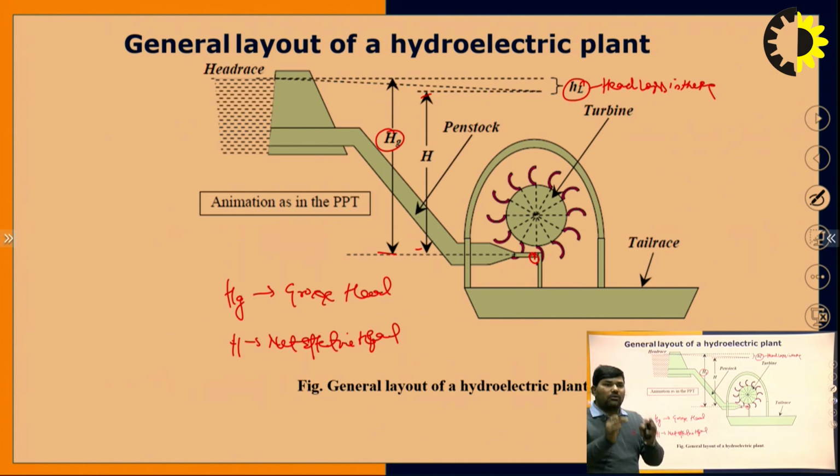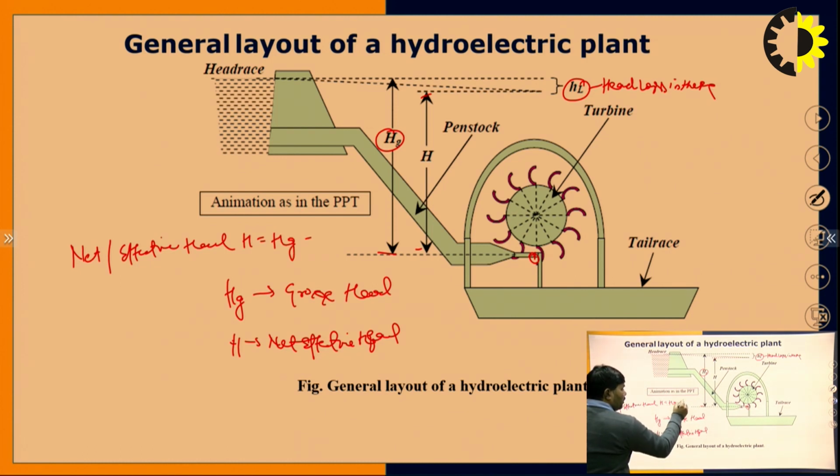So how to calculate the total head? The net effective head, capital H, equals the gross head Hg minus total losses.